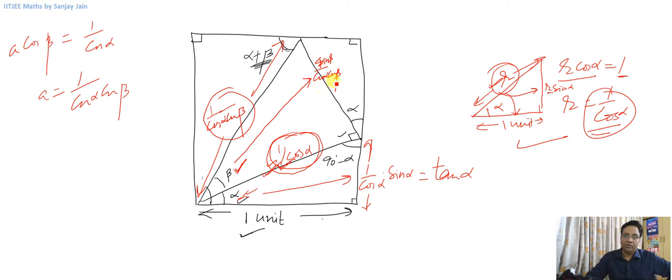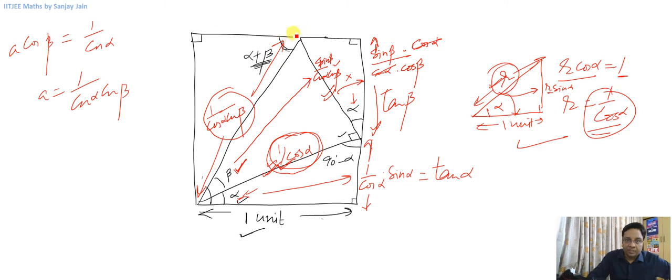So now this length is the hypotenuse for this triangle and this is angle alpha. So what will be this length? This will be cos alpha multiplied with this length. So sine beta by cos alpha cos beta into cos alpha. So this length is nothing but tan beta.